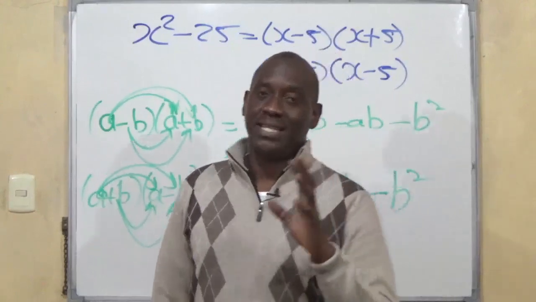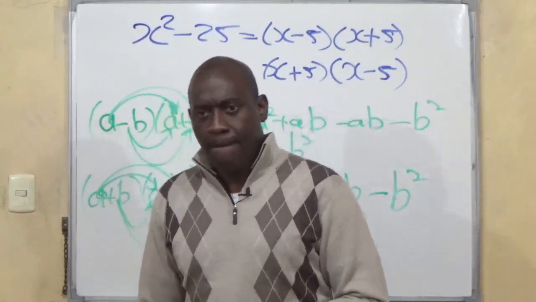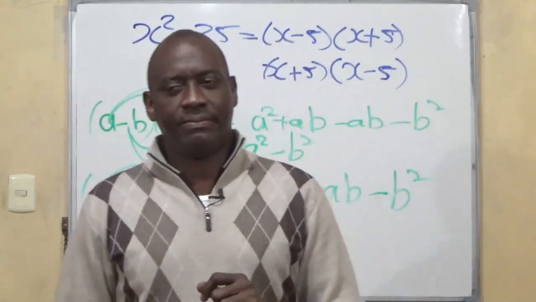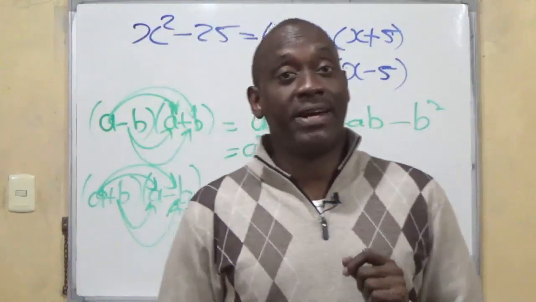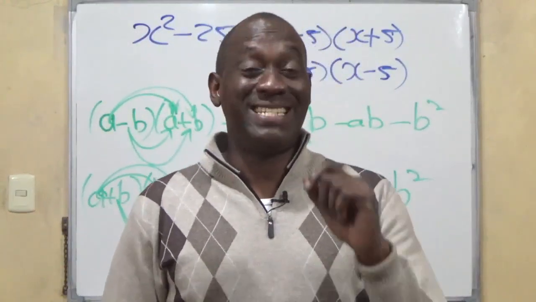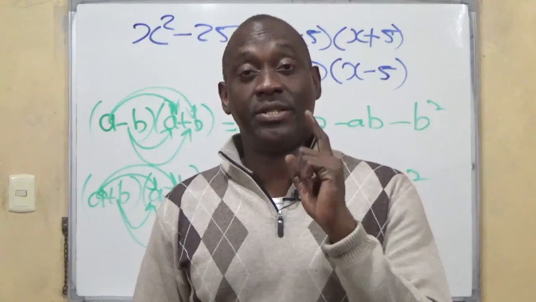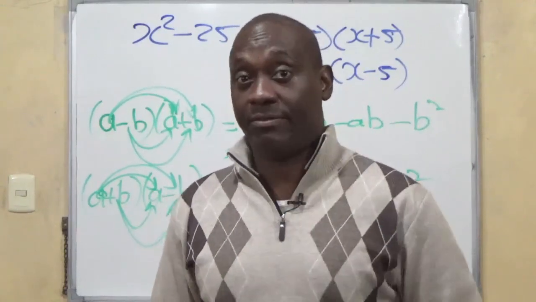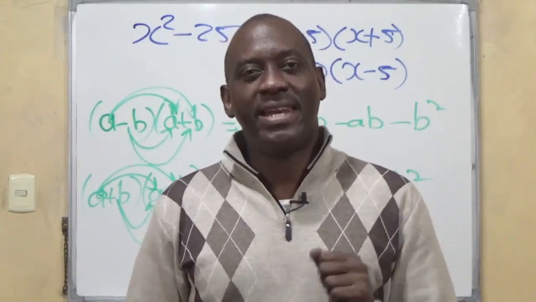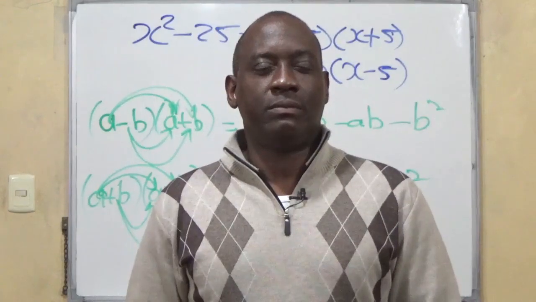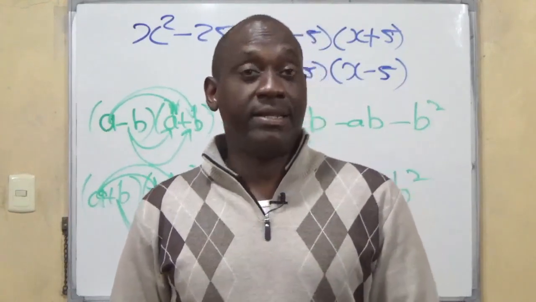Right? I have been saying for years to anybody who would listen that factorization of the difference of two squares is the easiest factorization you will ever do in your life. You will never get a factorization easier than that.